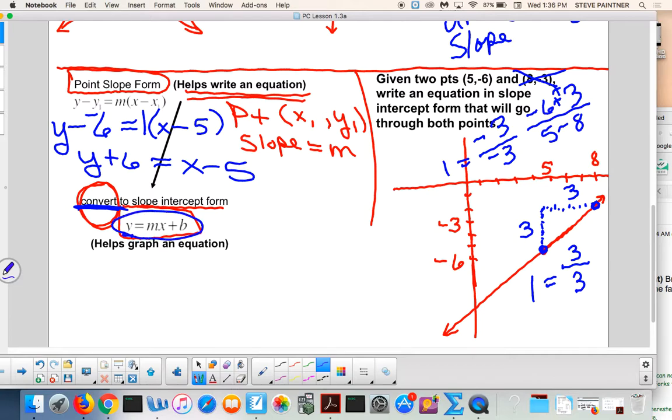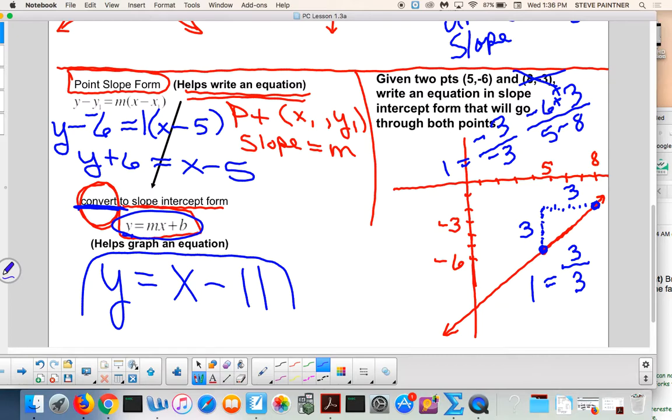Slope intercept. It's going to be y equals what? X minus 11. Hey, if your slope is 1, does this number negative 11 look like it could be right? Yeah. I mean, I don't have it on graph paper, so it doesn't look good, but it looks like it's down there a ways, right?